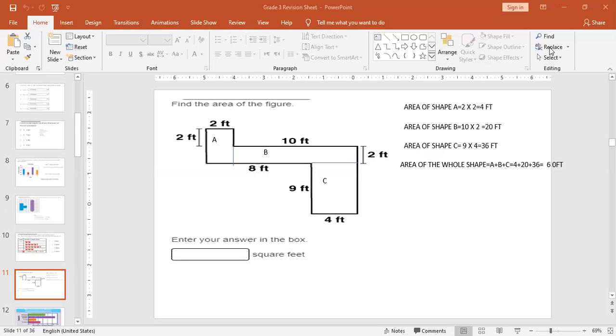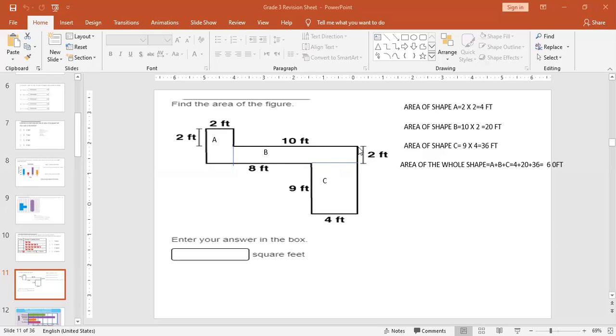Let me show it to you also. As I was saying, if I give you this figure and I want the area, you have to separate it by lines so I can get areas A, B, and C. Area A equals length multiply width, which is 2 multiply 2, giving 4 feet.